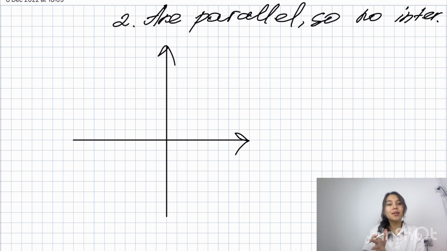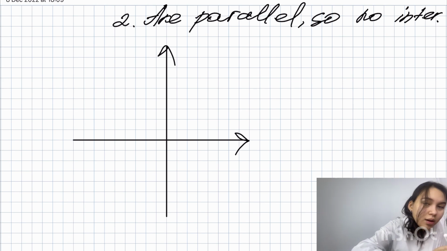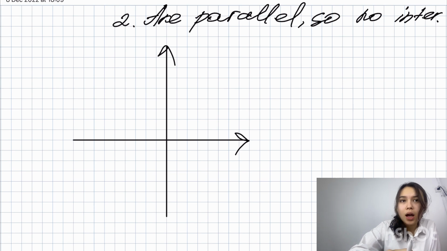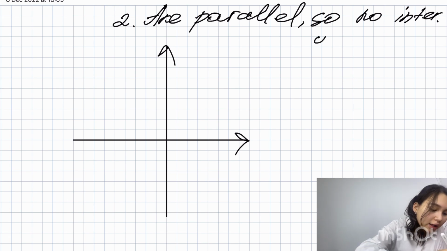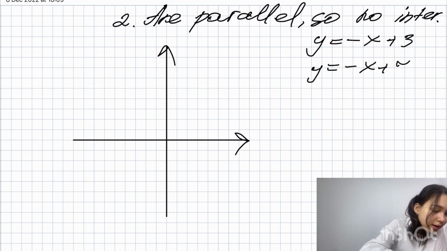I will not explain it widely in detail because it takes a lot of time and effort. So when there is an example, y is equal to minus x plus 3 and y is equal to minus x plus 7.